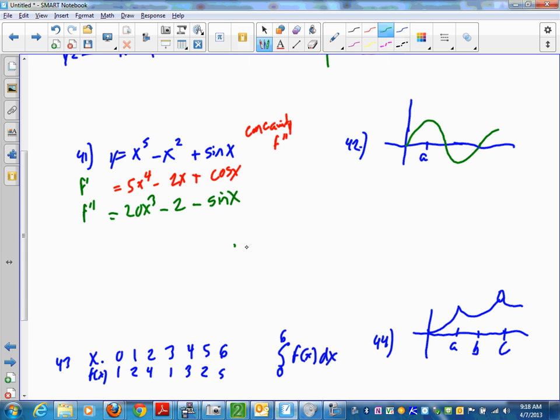Okay, let's move on to 42. 42 has a graph shown, and this is similar to number 40, where they see if we understand the second fundamental theorem of calculus. Except this is from 0 to x, and they changed it to f of x and h.